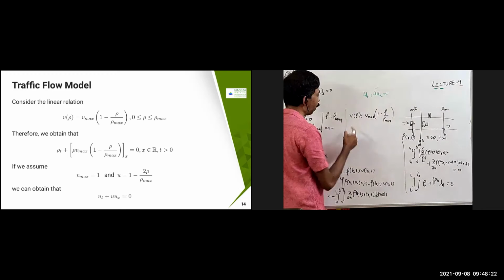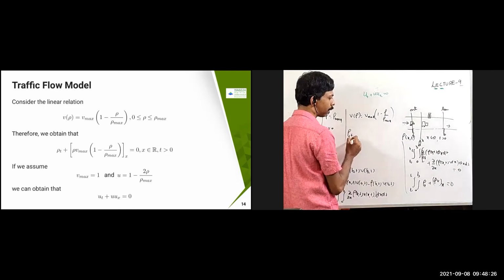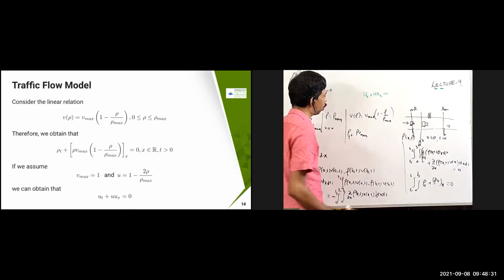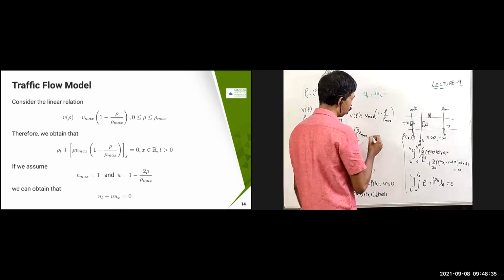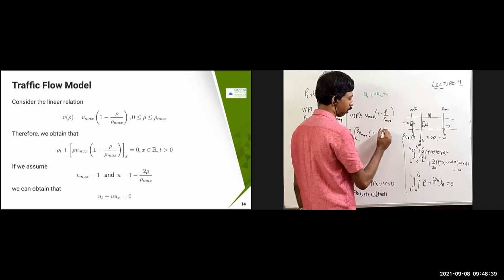Now I can apply this in this problem. So this becomes rho t plus rho V max into 1 minus rho by rho max, into x, equal to 0.